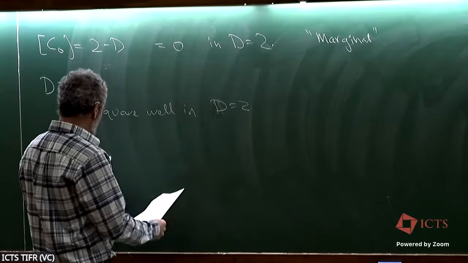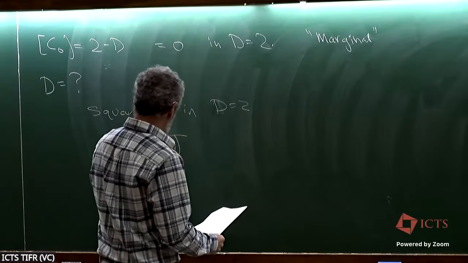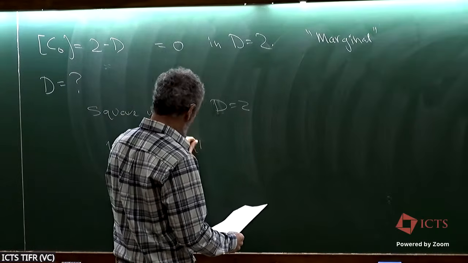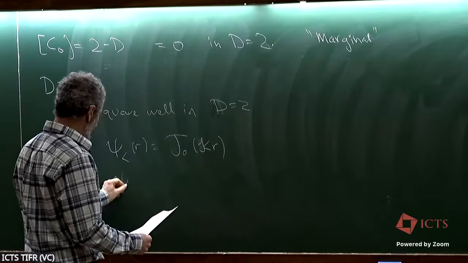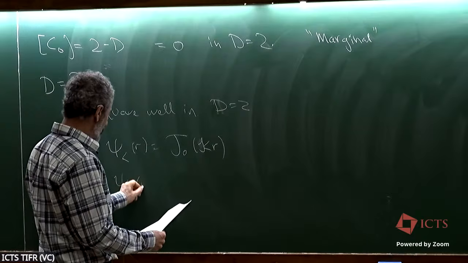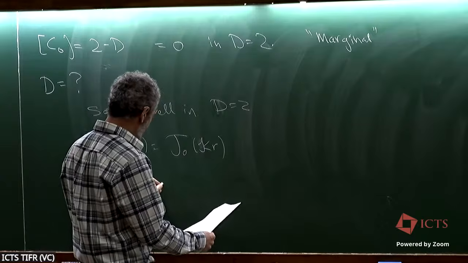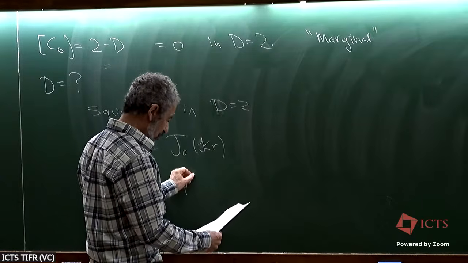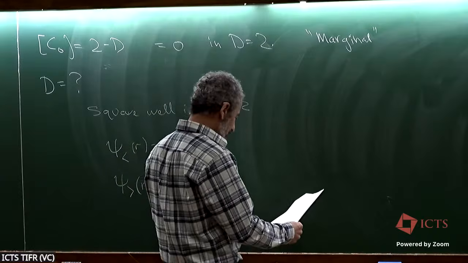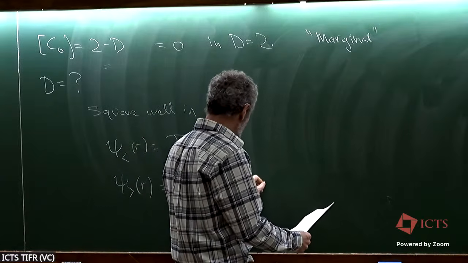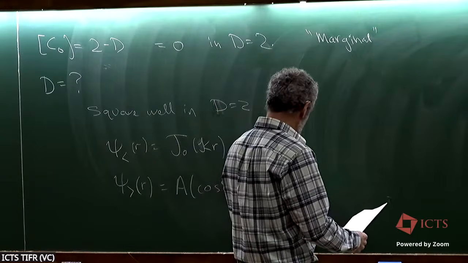Now what you find is that your inner wave function looks like an ordinary Bessel function of kappa r. And my notation is the same as it was before for kappa and the depth of the square well. And psi greater than has this outgoing wave, which looks very similar to what we had in 3 dimensions, only now we have ordinary Bessel functions instead of spherical ones.